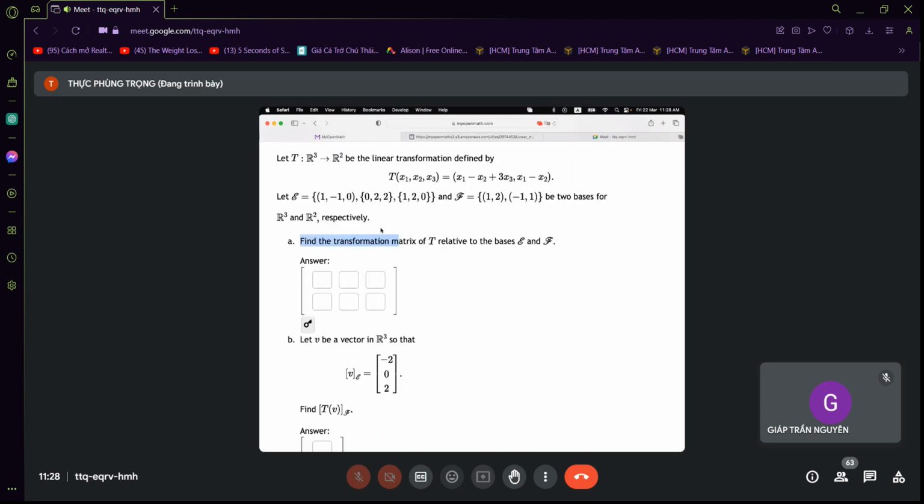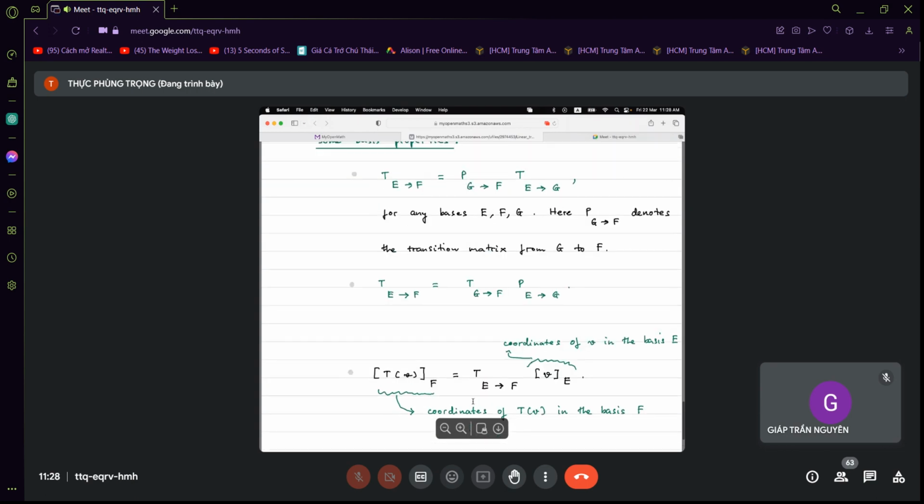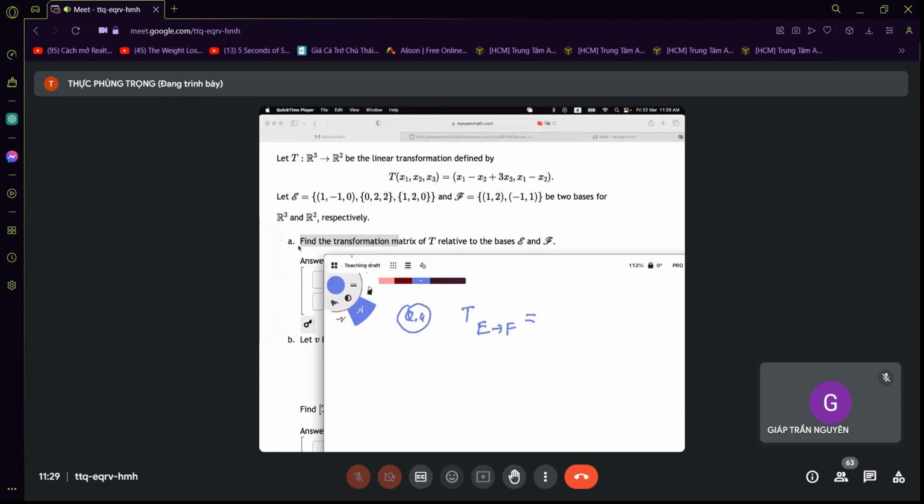But I think in order to find this, you only need to use some properties you see right here. So first I look at S. When I write S, I mean the standard basis.